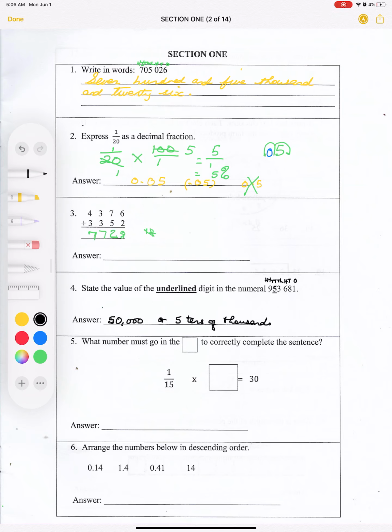What number must go in the box to correctly complete the sentence? 1/15 times something equals 30. When you can't remember how to do these things, just remind yourself of division facts. Let's try and use a simple one. Let's work on multiplication facts. 2 times 3 equals 6.